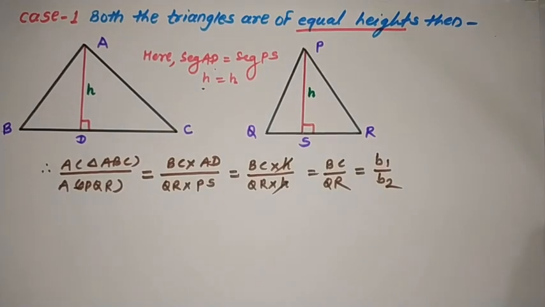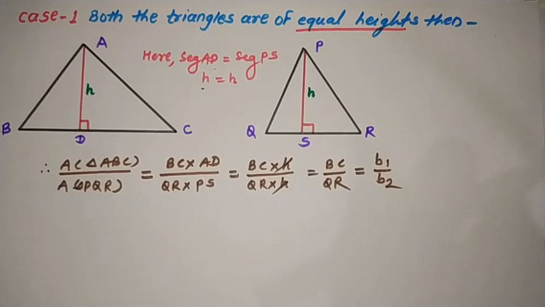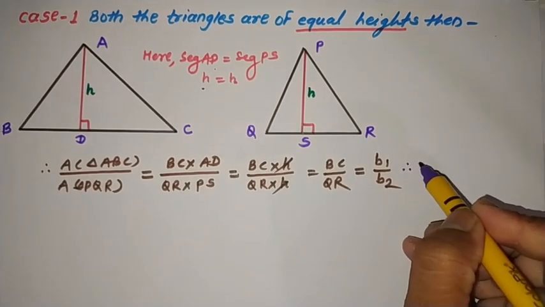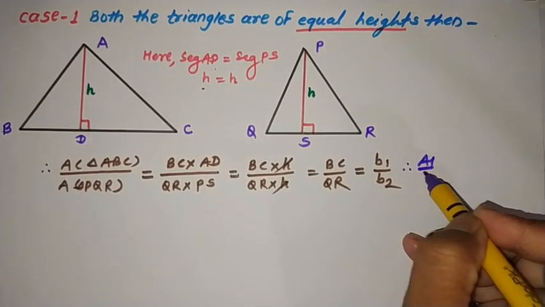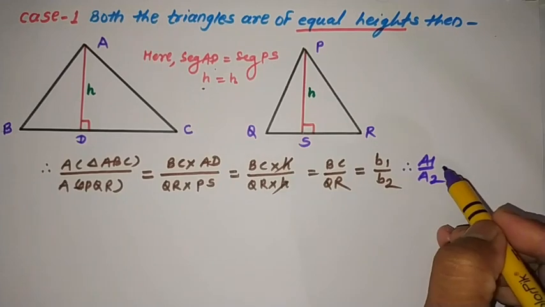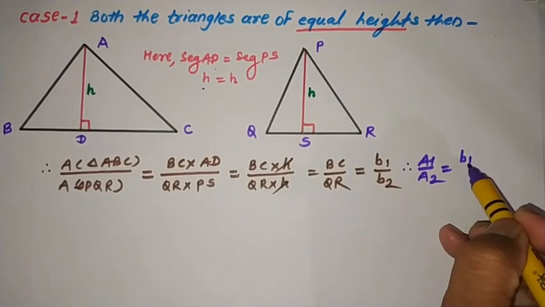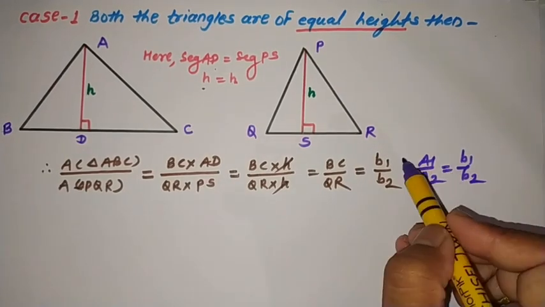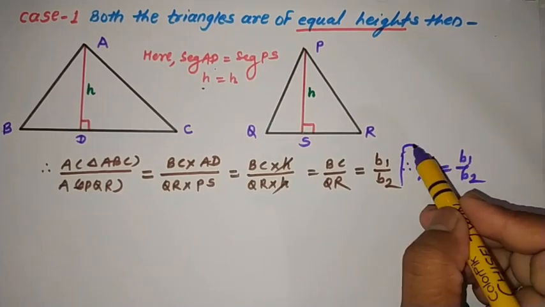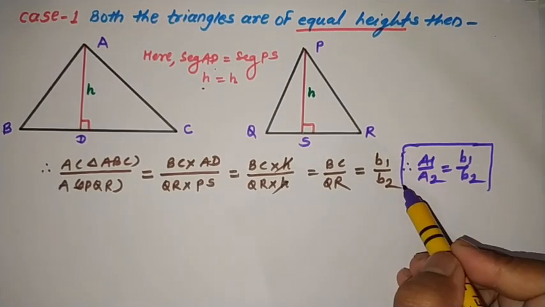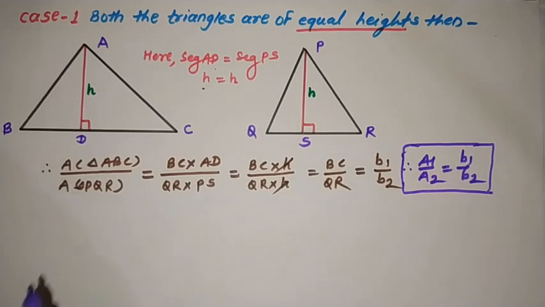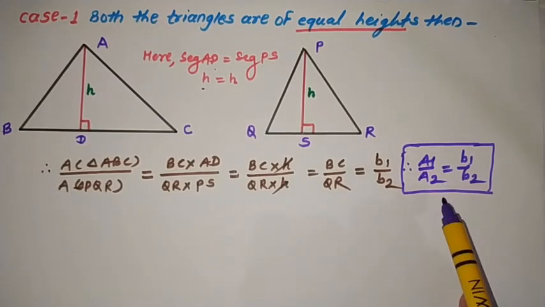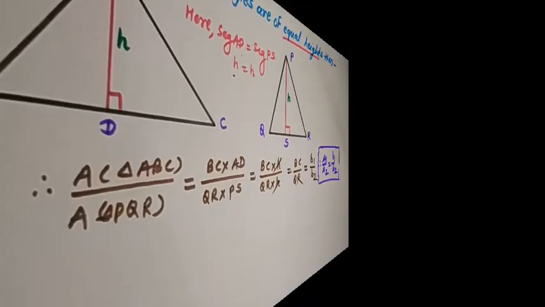Therefore, write down the ratio of two areas of triangles: A1 upon A2 is equal to B1 upon B2. If both the triangles have equal heights, then the ratio of area of two triangles is equal to base upon base.